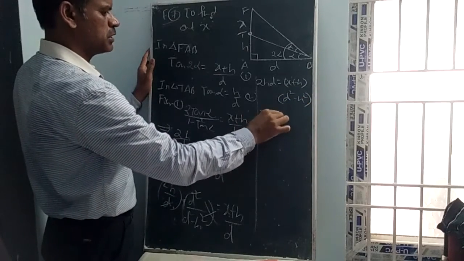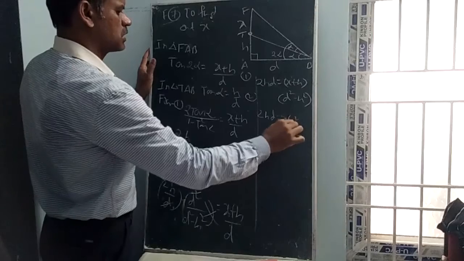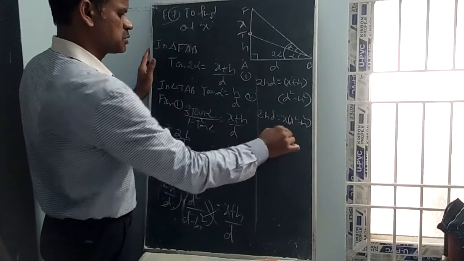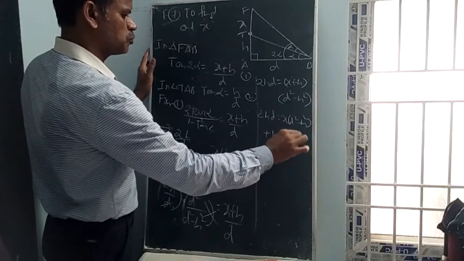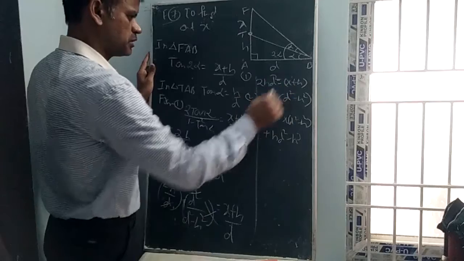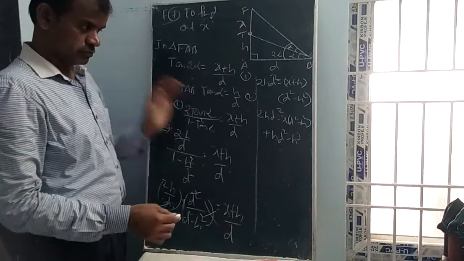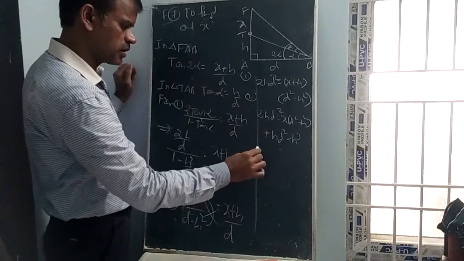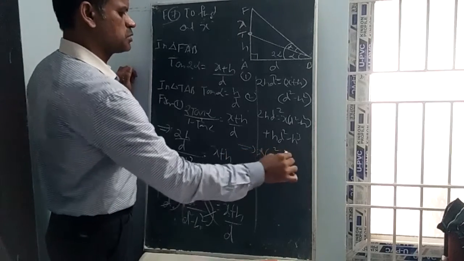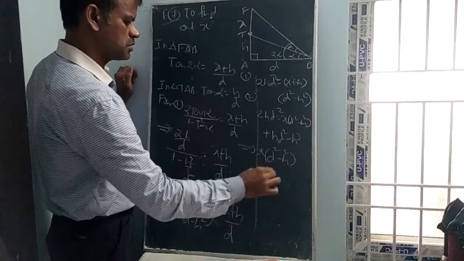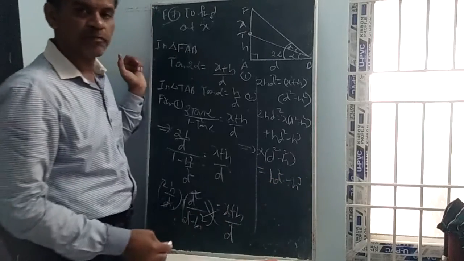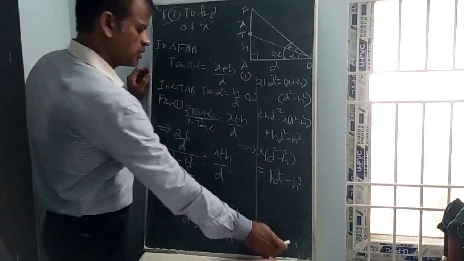So 2HD is equal to X into D square minus H square plus HD square minus H cube. Here D into D becomes D square, so write 2HD square. Taking this term to this side, X into D square minus H square is equal to HD square minus H cube.